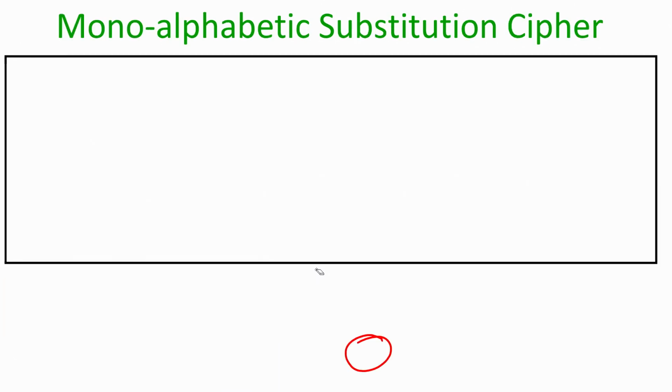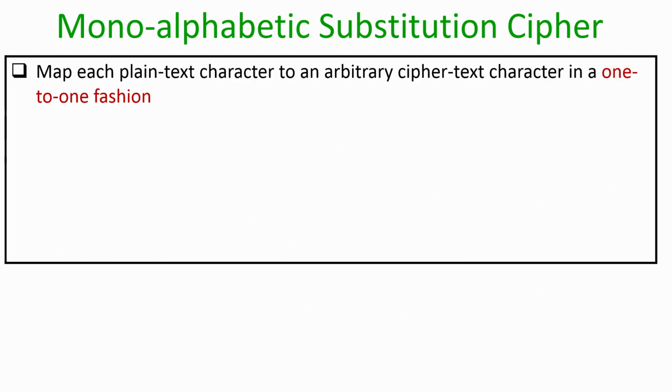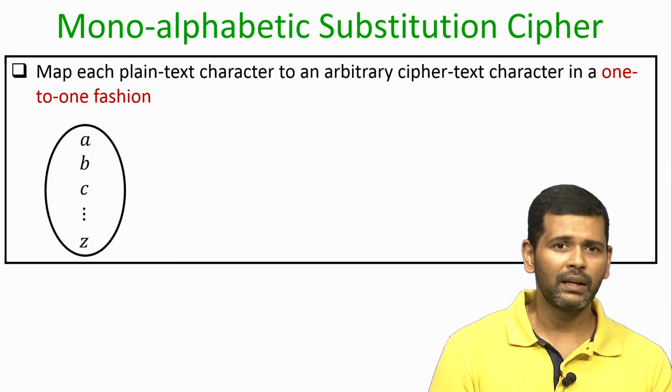So, now let us see how we can fix the problem that is associated with the shift cipher to prevent a brute force attack, and this leads to another interesting cipher which we call the monoalphabetic substitution cipher. And the idea here is, instead of shifting each plaintext character by the same unknown amount k, we shift each plaintext character by a different amount in a 1-to-1 mapping. What I mean here is the following.